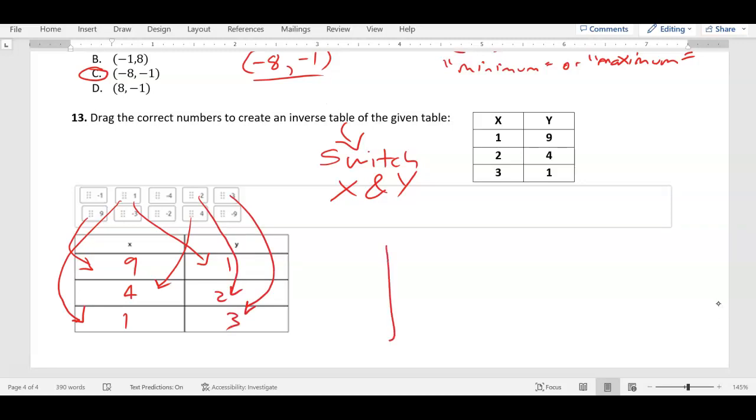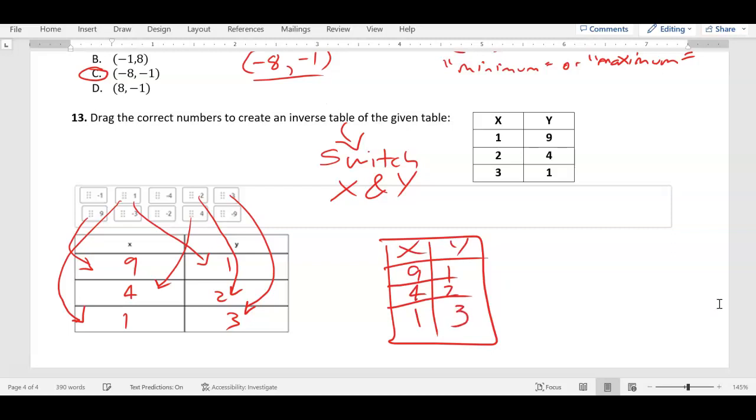So you should be able to make that inverse table. Cool. All you gotta do is switch x and y.